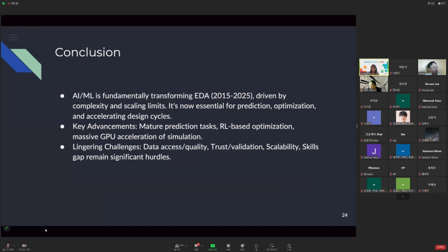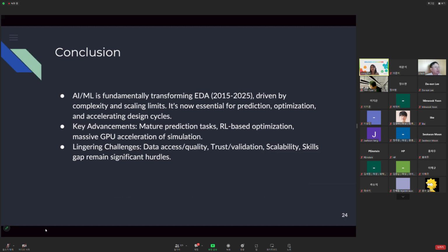So yeah, AI and ML have already changed EDA a lot, driven by complexity and scaling limits. And now it's already essential for the whole design process. The key advancements are mature prediction tasks, ML-based optimization, and massive acceleration.